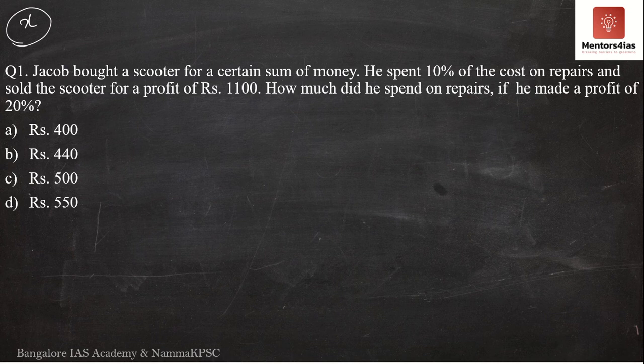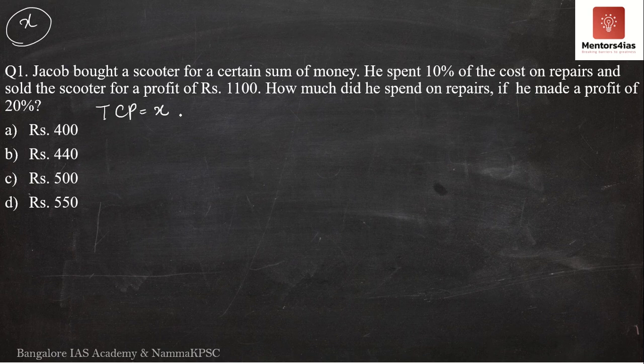So what I am going to do in this question is let the cost price be X. When I say the cost price, I mean the total cost price, because the question says Jacob bought a scooter for a certain sum of money, and on that he spent 10% of that cost price on repairs.